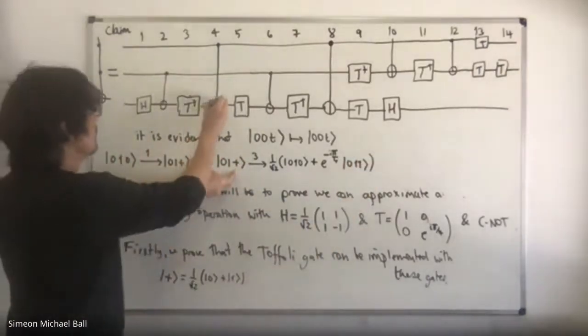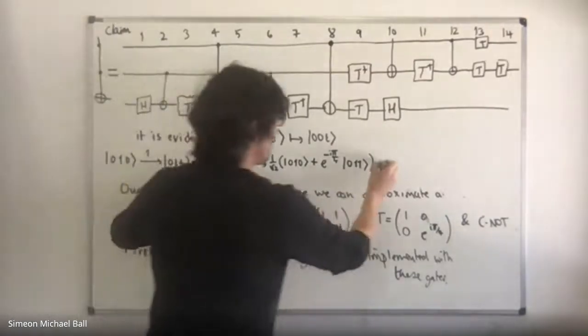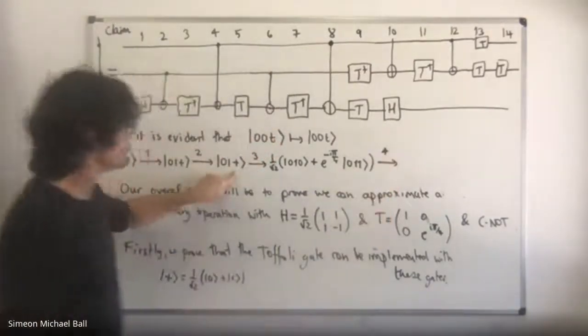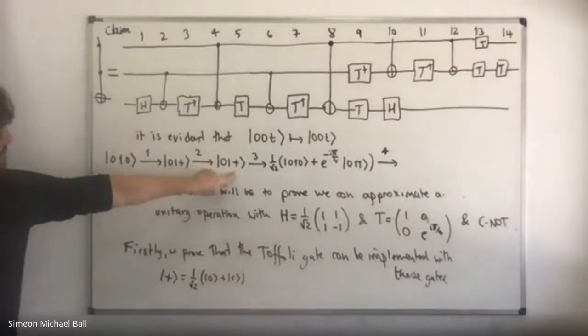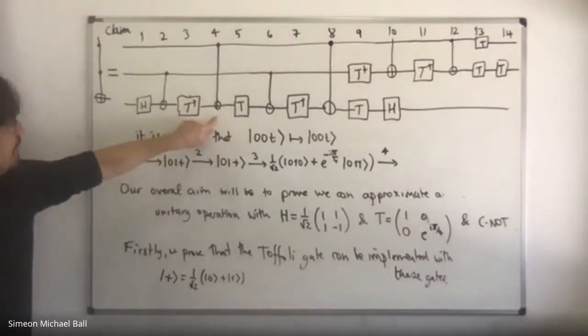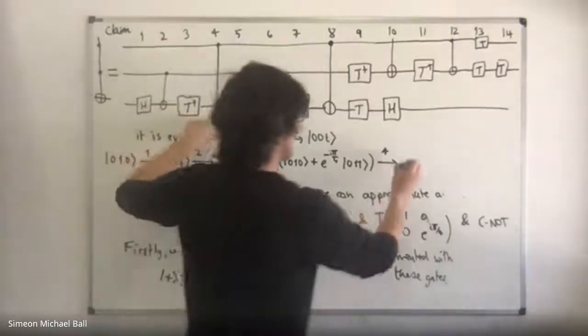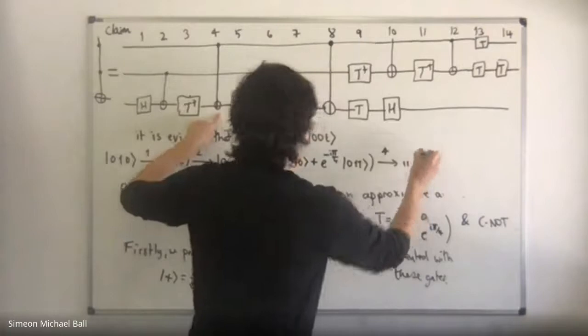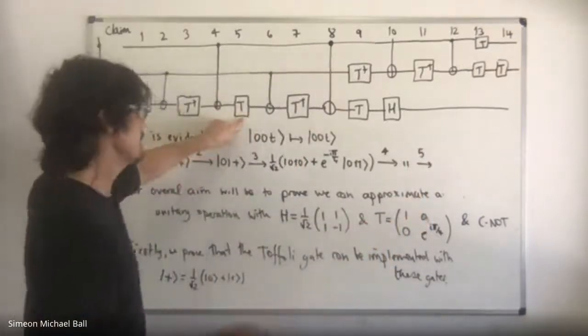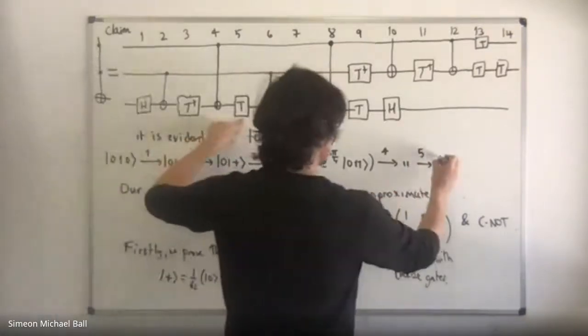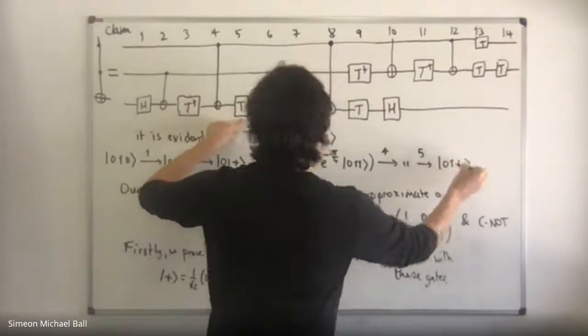Okay? That's right, isn't it? You will stop me if I go wrong, won't you? Step 4, nothing happens because this has got a 0 set here, so that's the same. Step 5, we now map it back to the T, so that goes back to how it was before, so that's back to 0, 1 plus.